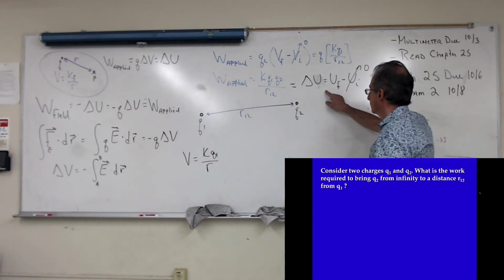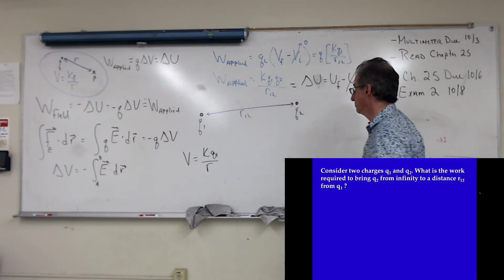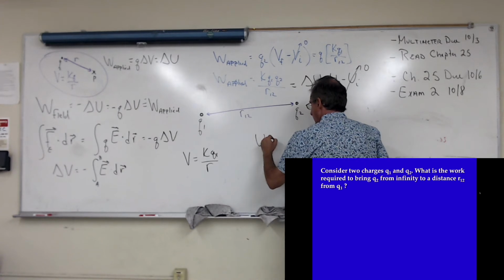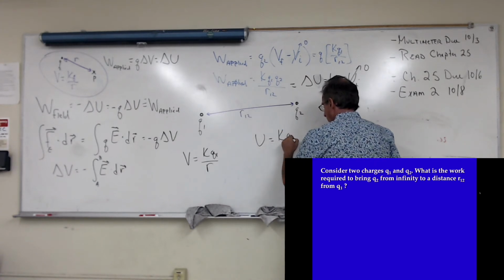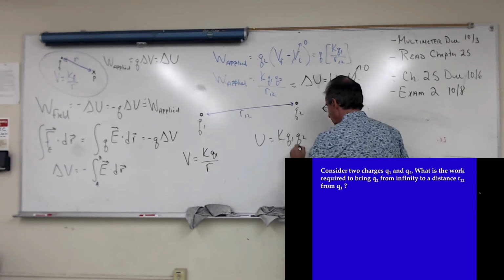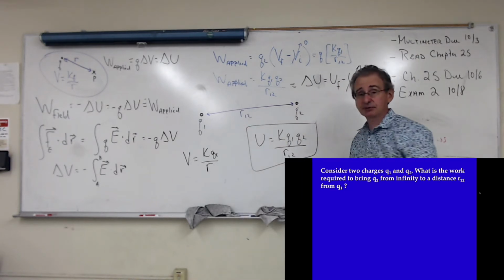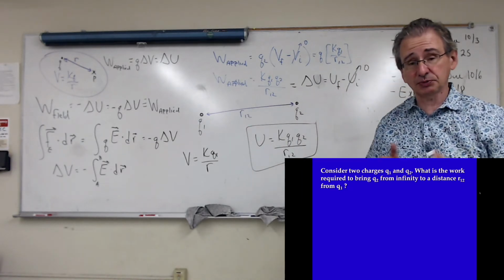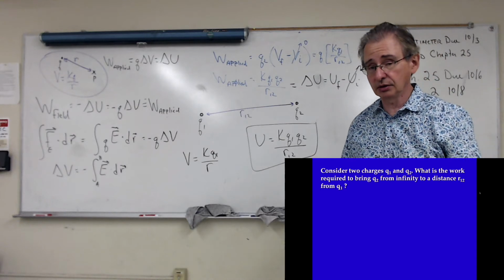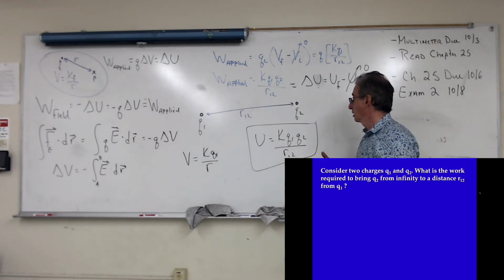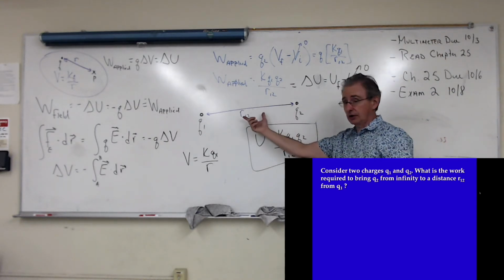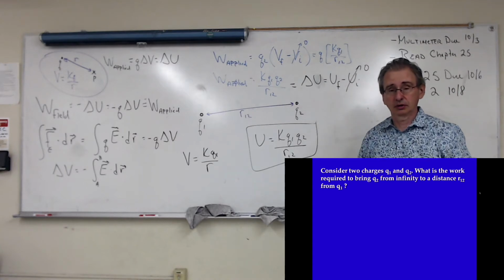And so the energy stored in this system is kQ1Q2 over R12. That's the general expression for the potential energy stored in the system of two charges.